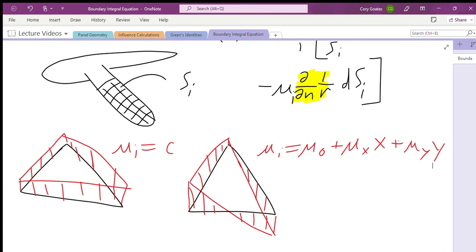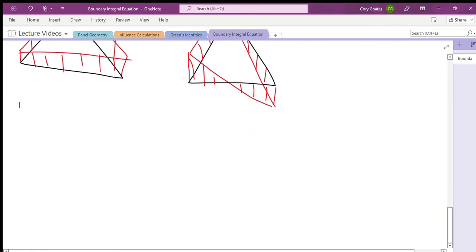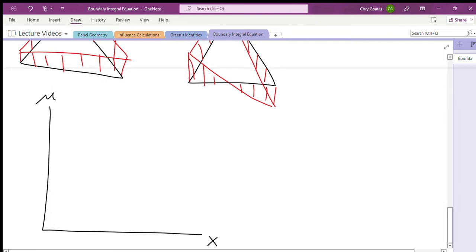Now, how good do we need to approximate it? Well, that's a question of the kind of results that you want to get and the type of configuration that you're modeling. Let's just do a two-dimensional slice of part of this configuration, and say I've gone ahead and discretized the surface and applied a constant distribution of mu, and this is some arbitrary spatial coordinate. Then imagine the exact solution has mu doing something like that.